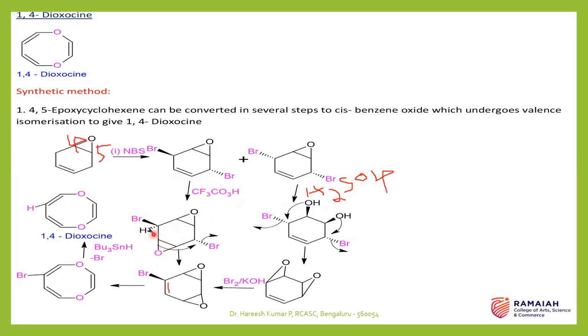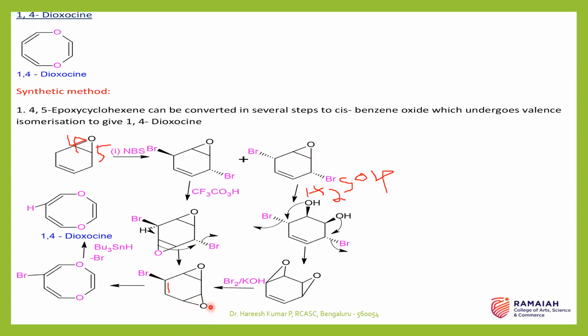Later on, when it is treated with a base, this bond pair can come over here, and this oxygen will form a new bond with this carbon. That is how this compound is obtained, also from the trans. Once this compound is formed, what will happen?